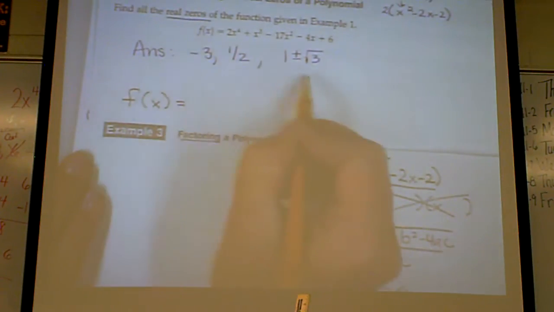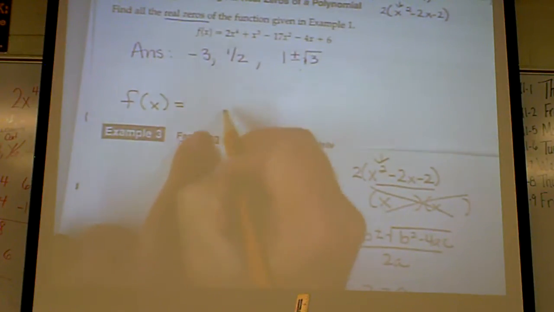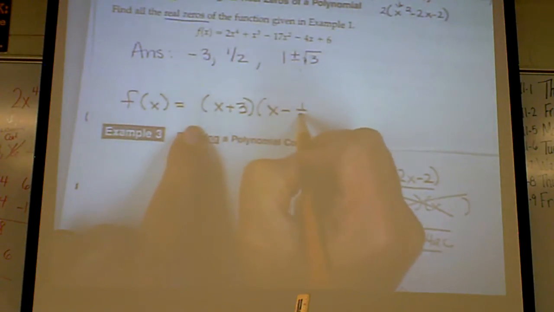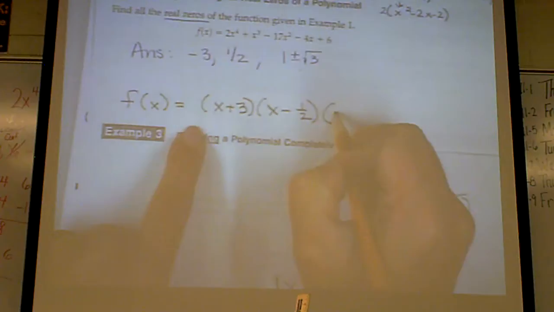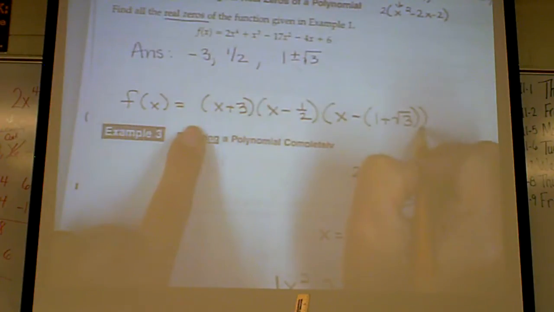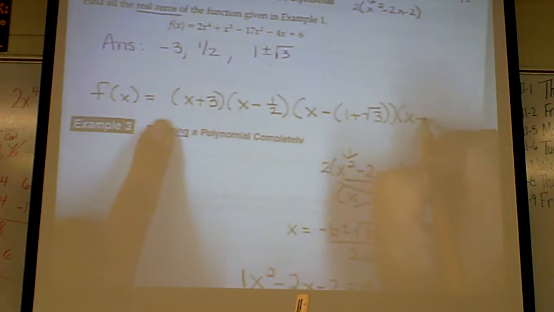How would you write this answer factored completely? X plus 3, that is correct. X minus a half, that is correct. Correct. Correct.